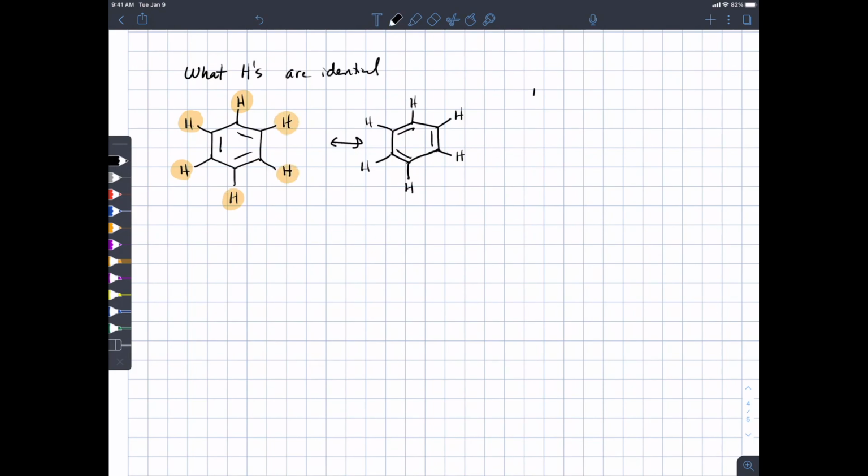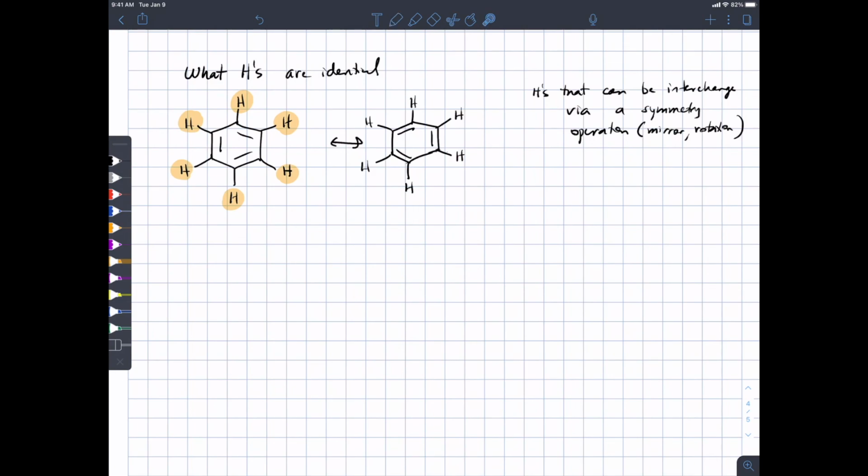We'll shade in the same colors the protons that are equivalent. The principle is that protons that you can interchange via a symmetry operation, and by that I mean mirror or rotation, are identical.